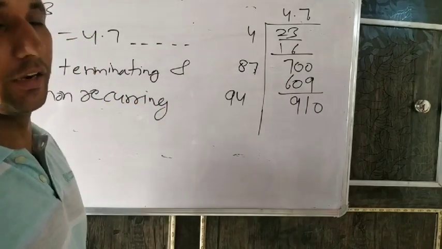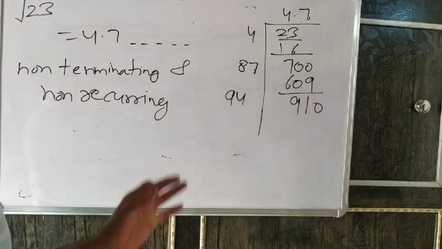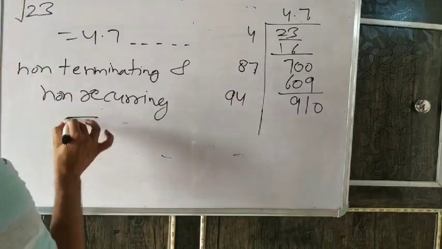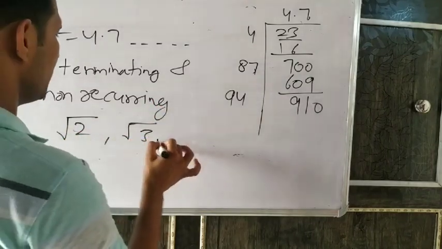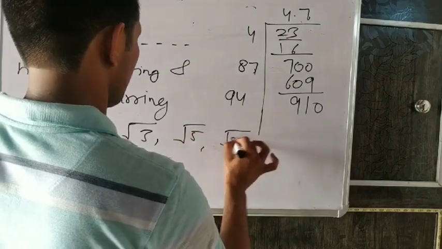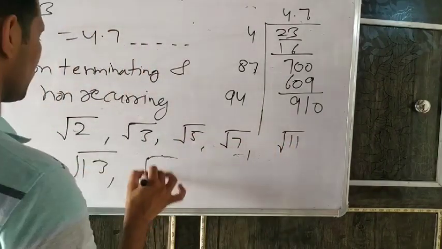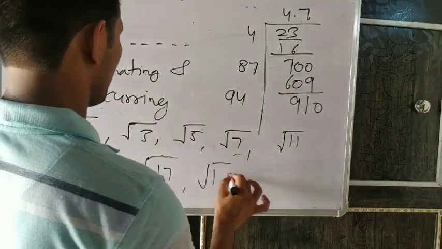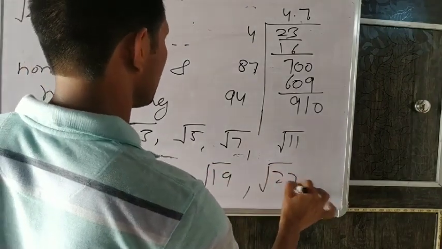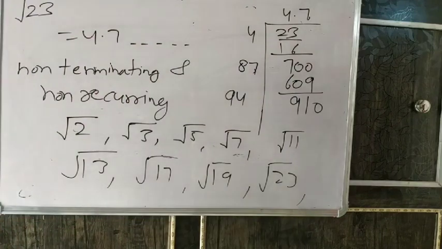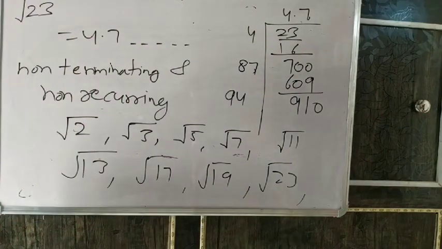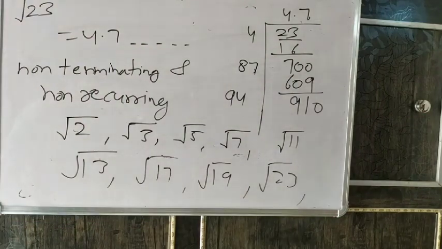Therefore, it is an irrational number. Every prime number's square root, root 2, root 3, root 5, root 7, root 11, root 13, root 17, root 19, root 23, all of these are irrational numbers. Do you understand? Okay.